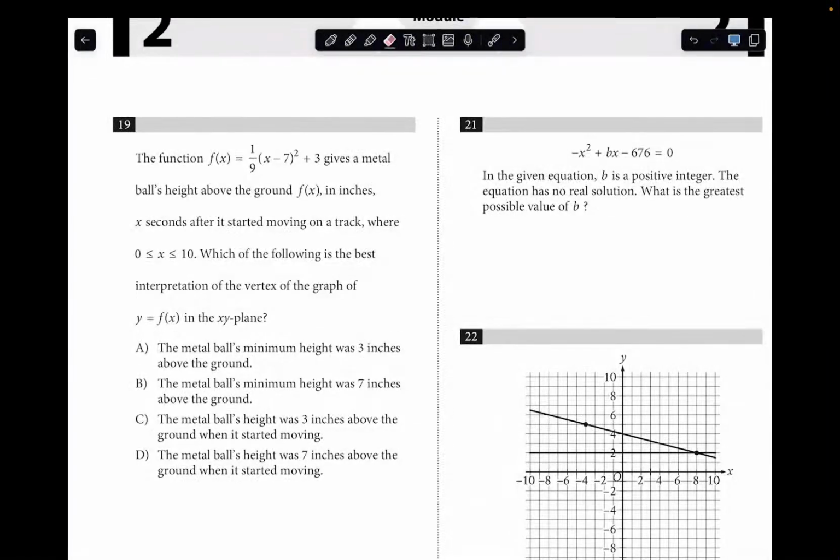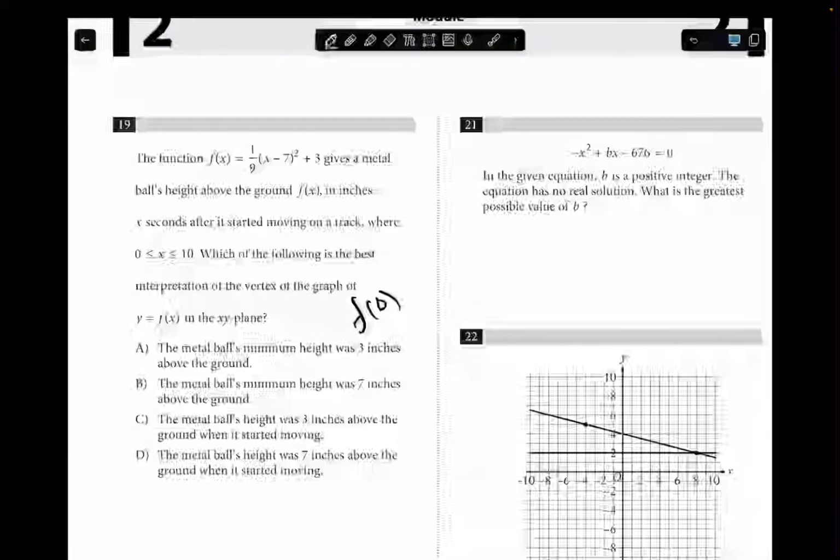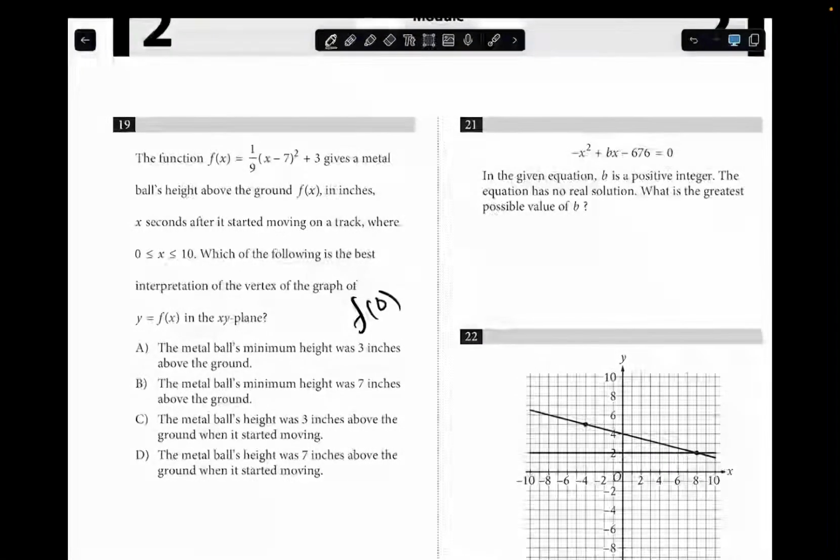Well, it's only looking at the portion of the function from f of 0 to f of 10. So what is f of 0? It's some value, right? So you could put it in your graphing calculator and strictly isolate the values from 0 to 10, because you're not looking at negative values. You're just looking at a subset of the function, from 0 to 10.